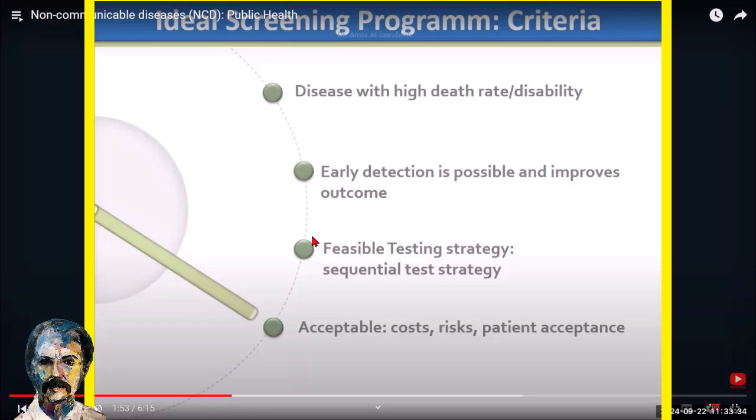So it should be acceptable in accessibility, affordability, patient acceptance, and risk. Is there a risk in screening for hypertension? No, because it's only a sphygmomanometer and you measure. So these four points have to be met before you say, I need to launch a screening campaign against this disease or that.